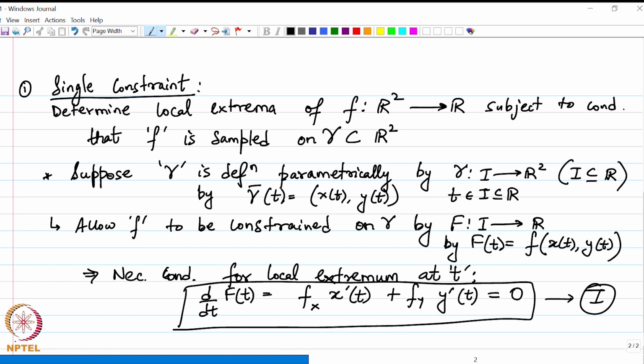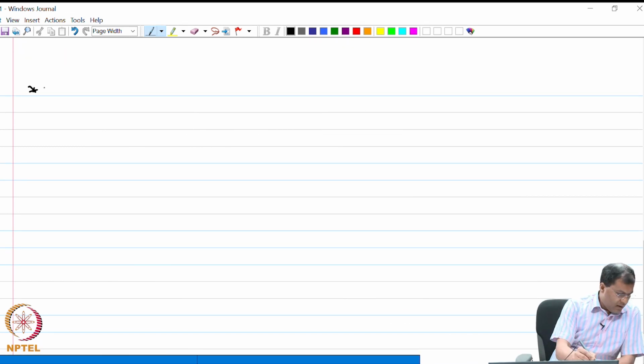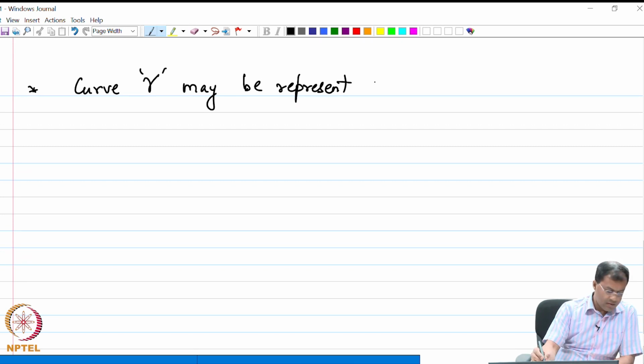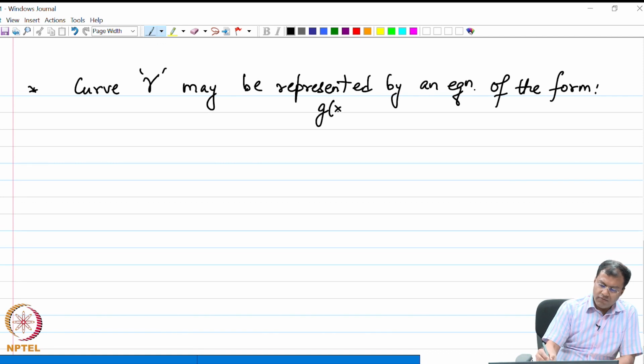So, then few other issues to be highlighted. Note that the curve gamma, the gamma is the constraint curve, let us say we represent the gamma by some function, represented by an equation of the form g of x comma y is equal to 0, right.